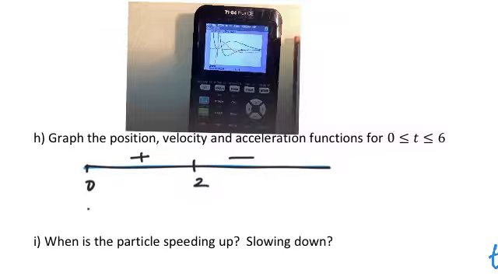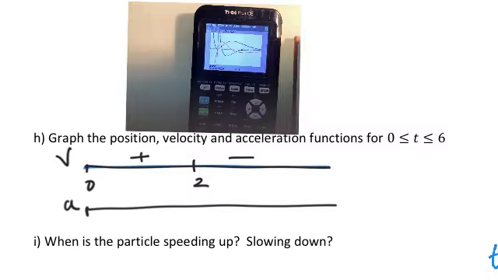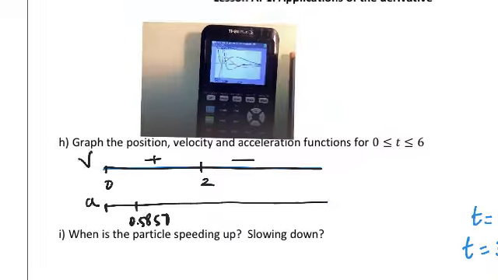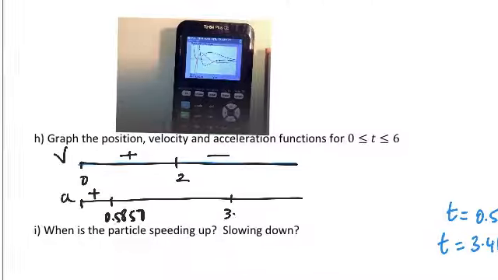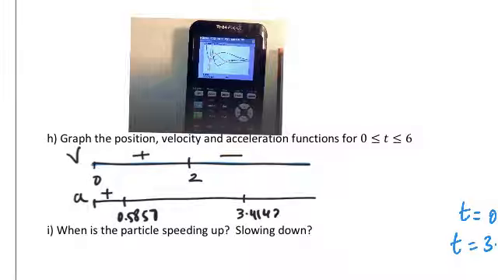And then on the acceleration, so this is V, and then on A, at 0.5857, until then I was positive, and then after that all the way until 3.4142 I was negative, and then I became positive again, right? So I'd be speeding up. I'm not going to write out the answer, but you would just write out that you're speeding up from 0 to 0.5857.